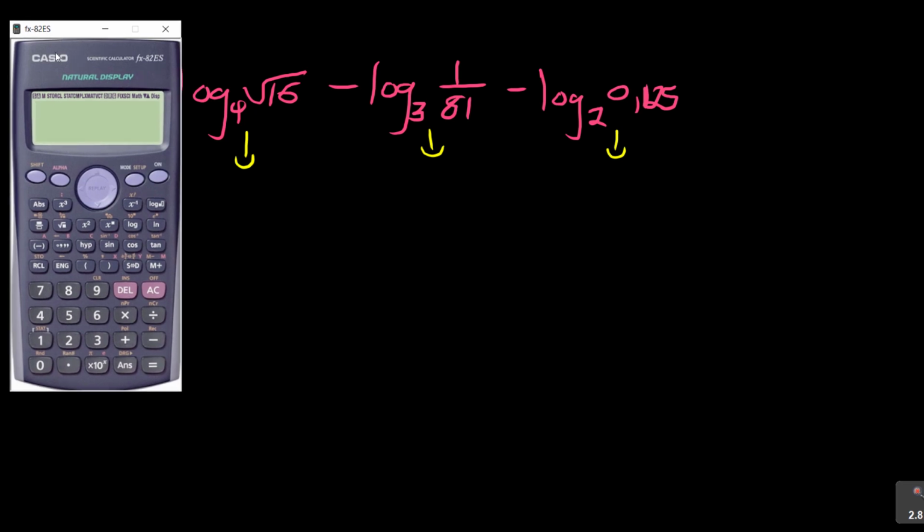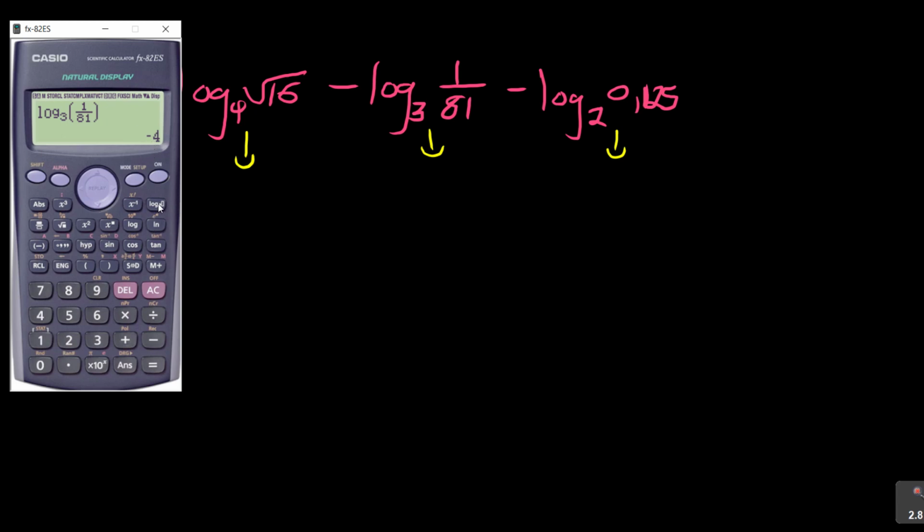So take a calculator already and say log base 4 of the square root of 16. It gives me a 1. Can you believe this thing must give me a 1? What about the other one? Log base 3 of 1 over 81. This must give me a minus 4. So it's 1 minus 4.